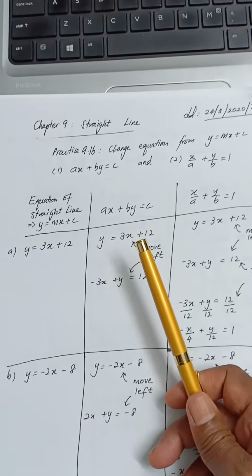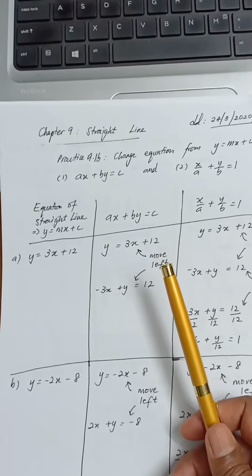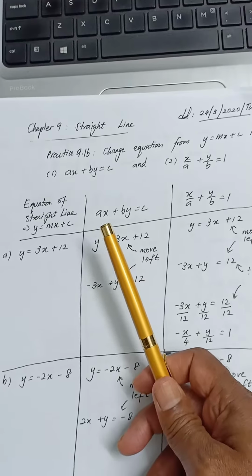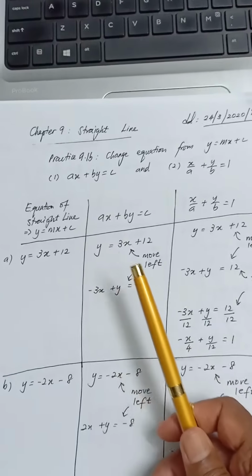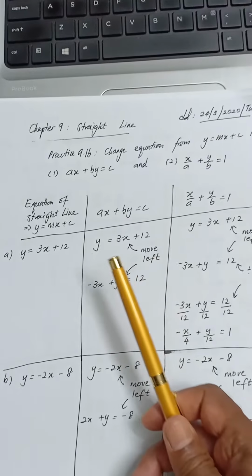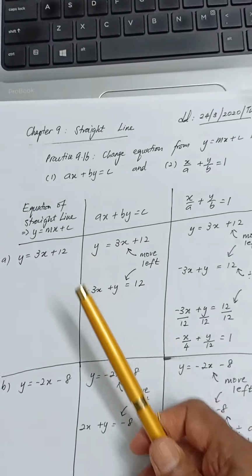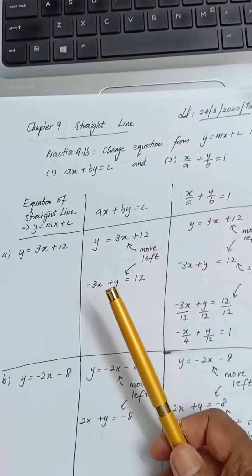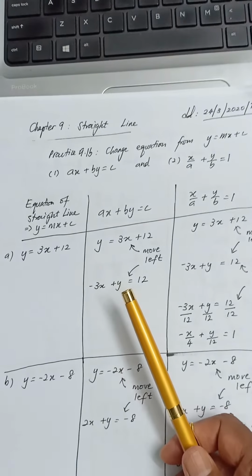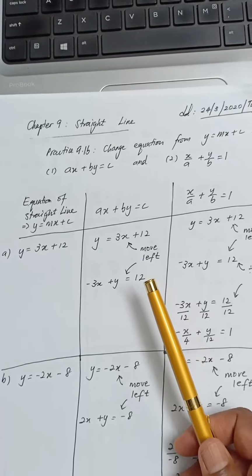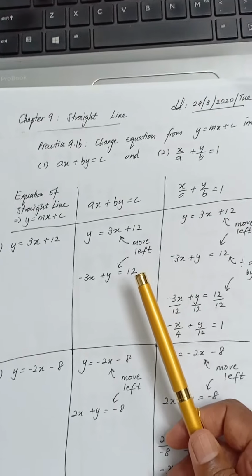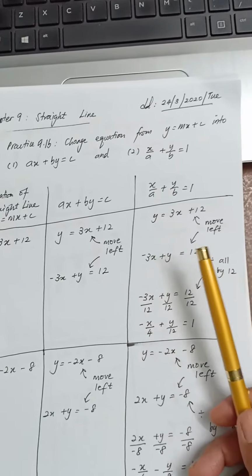Y equals 3x plus 12. Since we need the ax on the left, move the term to the left. Once you move the 3x over to the left, it becomes negative 3x plus y, the y remains the same, equals 12. Very simple, right?